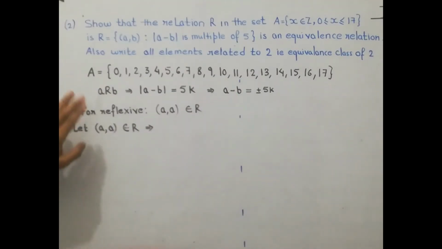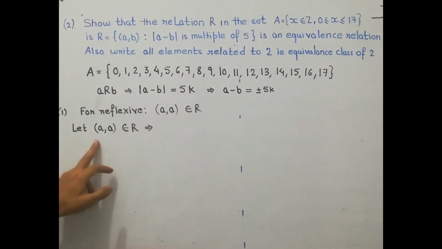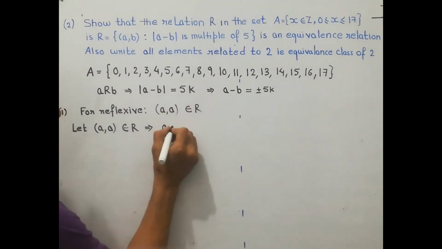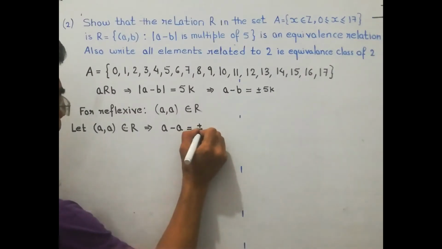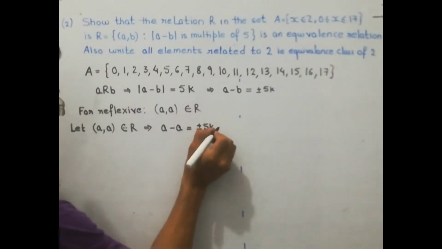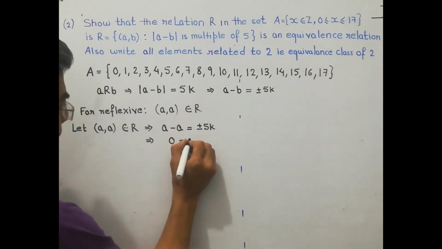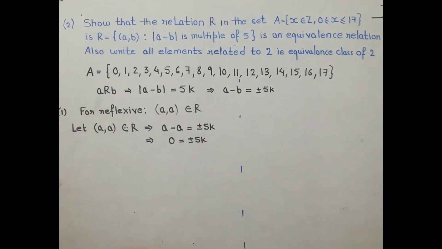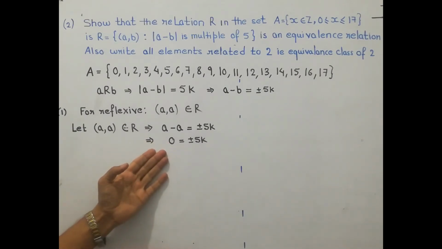Now when it was for (a, b), then this was the result. Now it is for (a, a), so this relation can be written like this: whenever we substitute (a, a), we have to show that the statement we are getting is true.